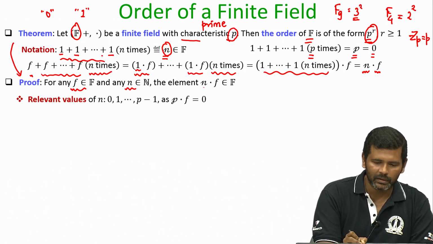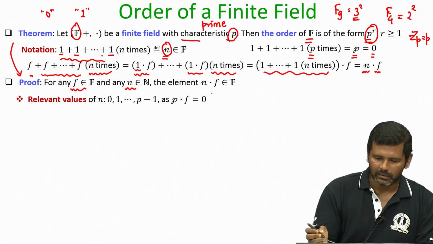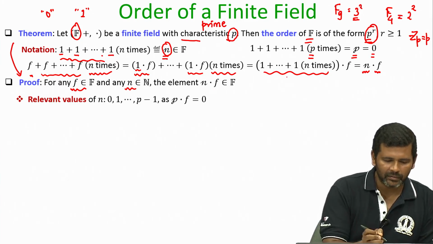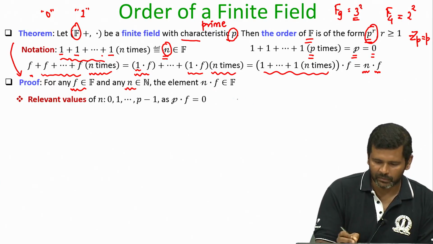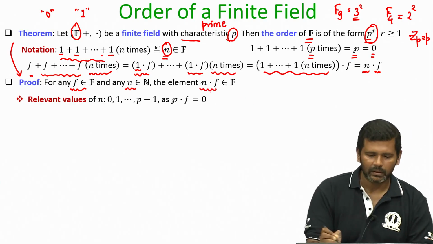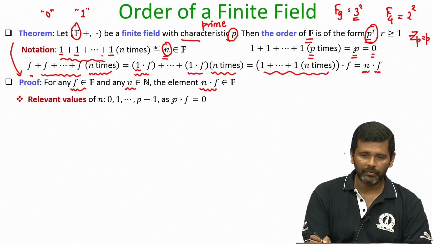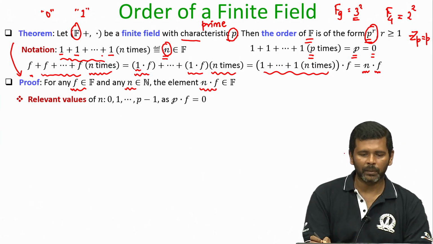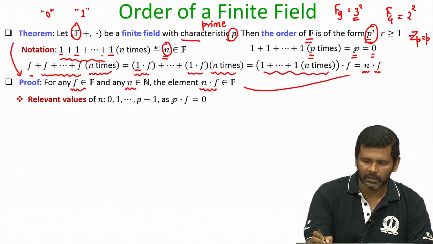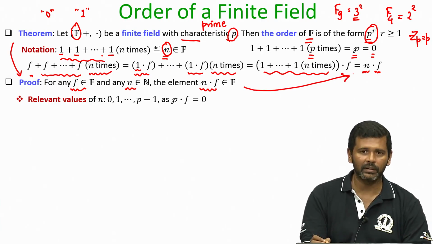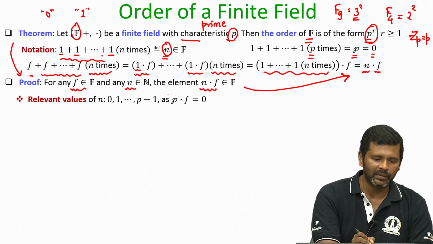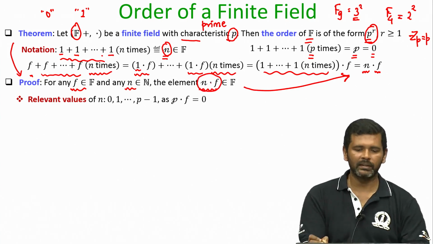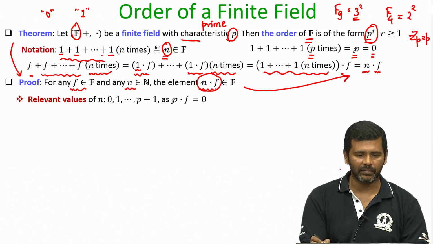My claim is that the result of adding f to itself n number of times, which gives me this element special font n dot f, is also an element of F, and that comes from your closure property. So, as per our notation, as per our definition, the element n multiplied with f will give me this element, and as per the closure property, this element will be an element of the field itself.